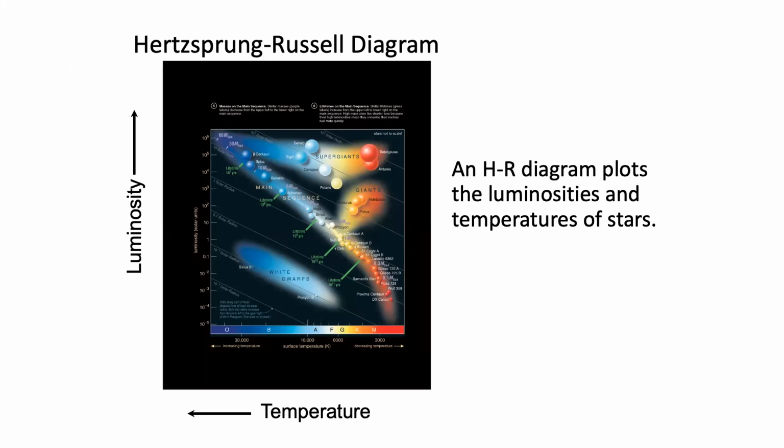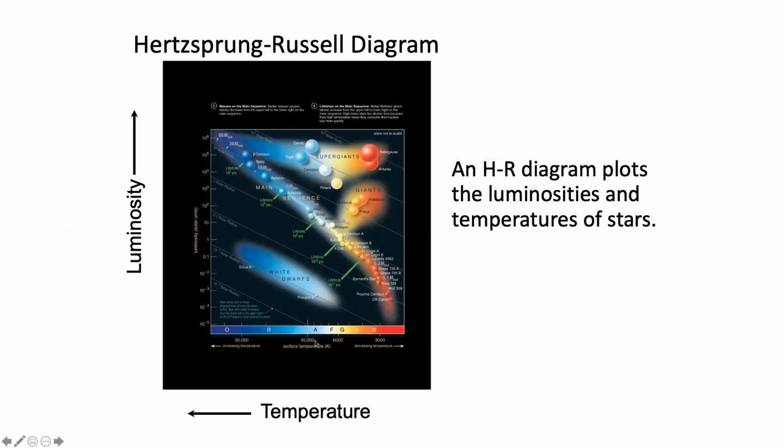And what we're seeing here is a diagram that on the x-axis plots temperature, and on the y-axis plots luminosity. So on the x-axis, we have surface temperature.